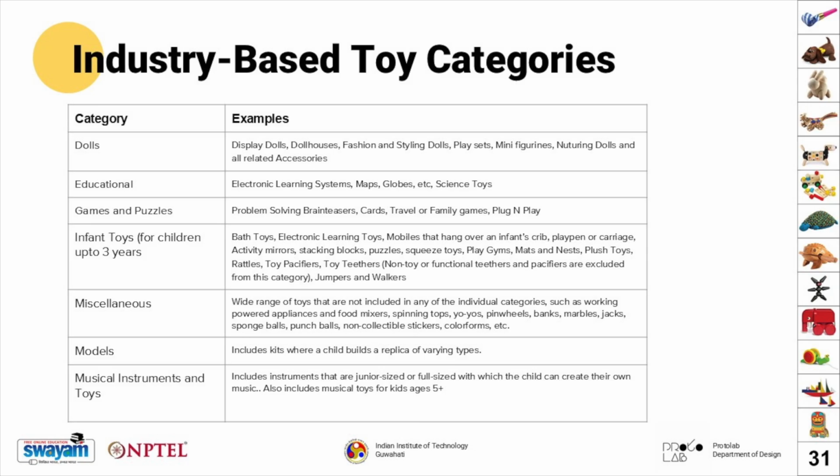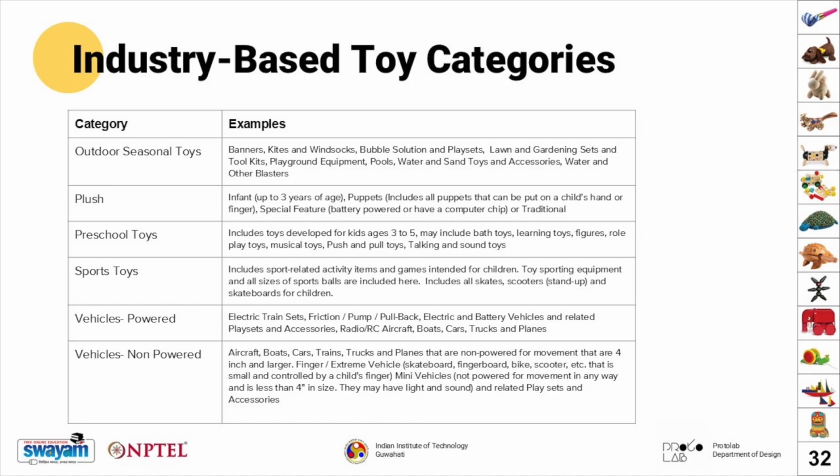Models include build your own replica kits, and musical toys range from child size instruments to sound toys for older kids. Outdoor and seasonal toys include bubbles, kites, gardening sets, pools, playground items, and water blasters.